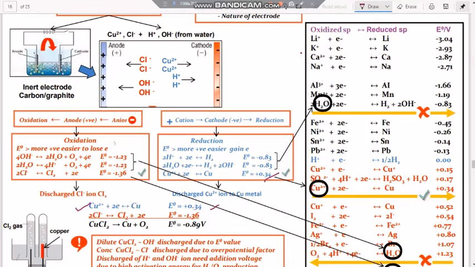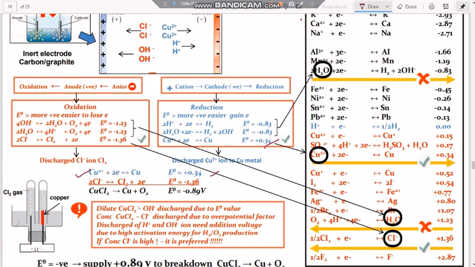It is very clear, but only in the case of anode products, there will be a selection of chloride ion when it is a concentrated solution due to the overpotential factor, because H plus and OH minus ions need additional voltage due to high activation energy for hydrogen and oxygen production. So when the activation energy is high, it needs chloride ions in the chemical reaction. That means chlorine gas liberates instead of oxygen gas.